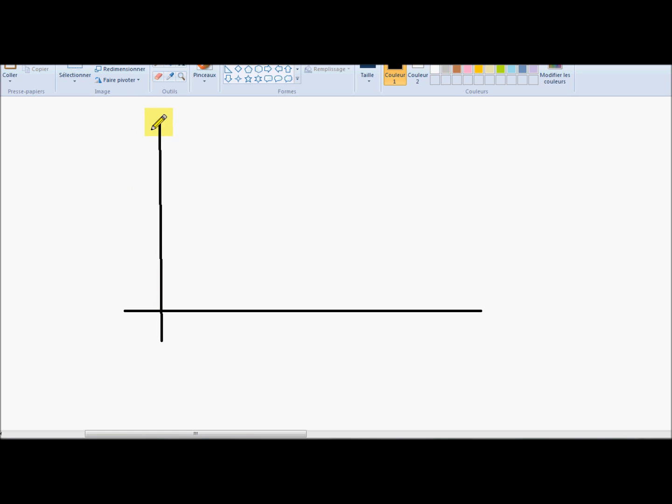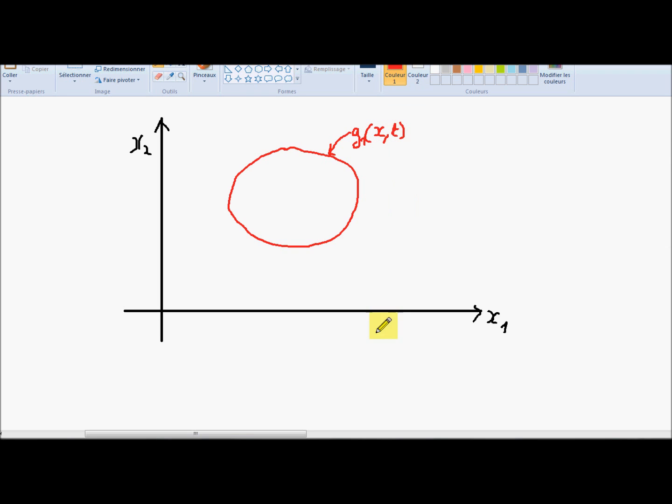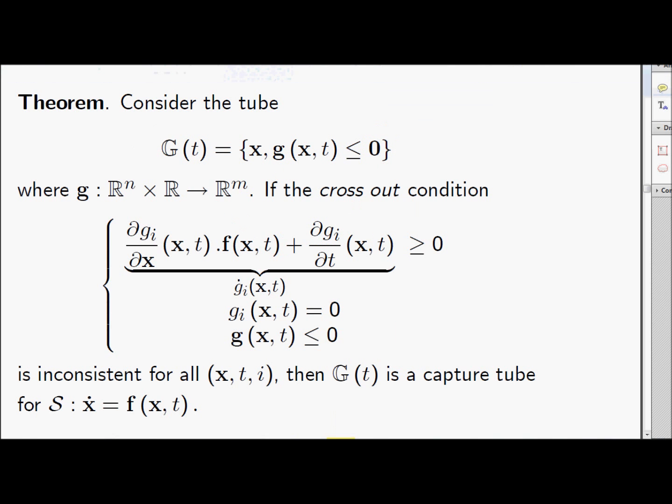So this corresponds to x1 and here x2. And I will consider here, for instance, a part of the inequality. It corresponds to J1 of x and t, where I check the sign is negative.